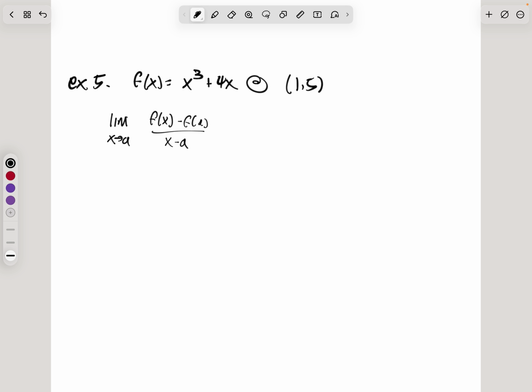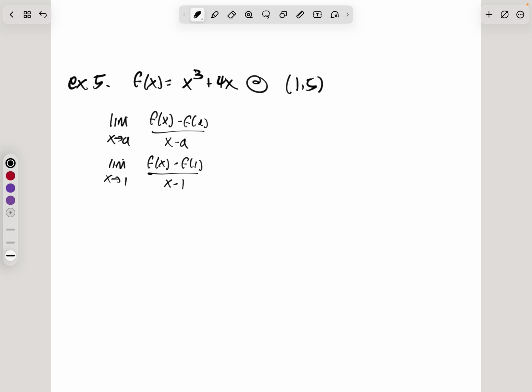So actually, in this case, we're going to take the limit as x approaches 1 of f of x minus f of 1 over x minus 1. I'll just tell you in advance, the problem is that when you do all the expanding and collecting and simplifying, it's going to force you to factor out a factor of x minus 1, which I think many of you can do, but some of you may not feel comfortable doing it.